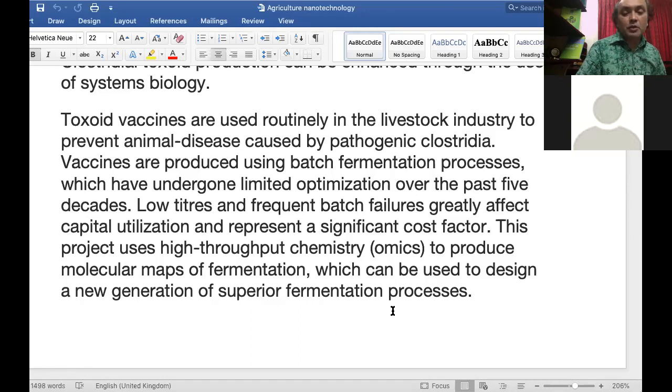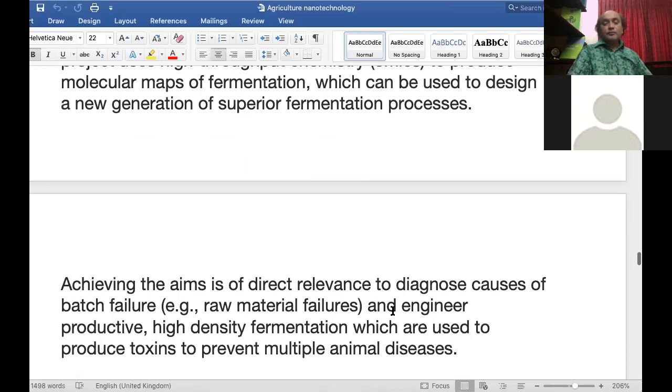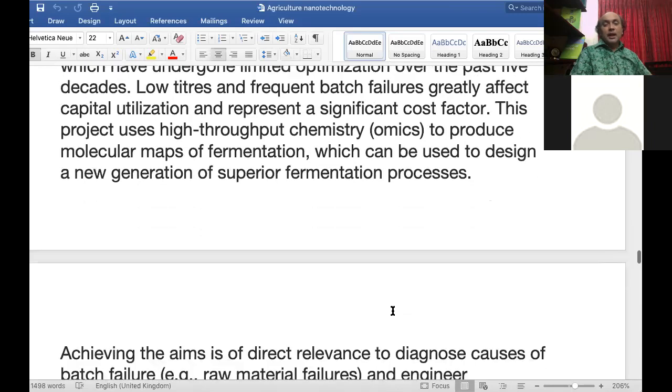That means the fermentation process can be more efficient, and you can produce more toxoid, antibiotics, vaccines, not only toxoid but many other vaccines which involve fermentation.